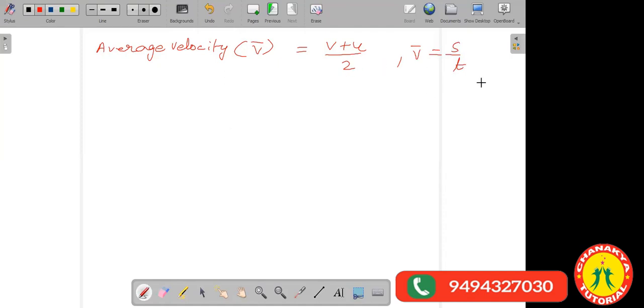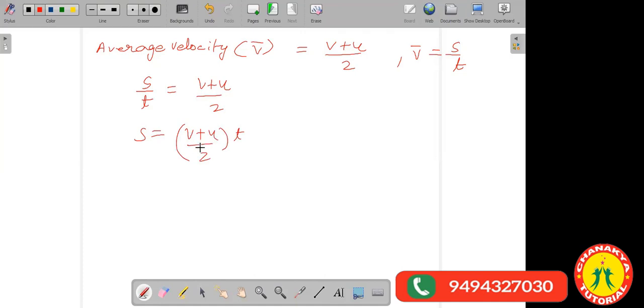Now I can equate both these expressions to get s by t equals v plus u over 2. Now transpose t to the other side, you have s equals v plus u over 2 multiplied by t.